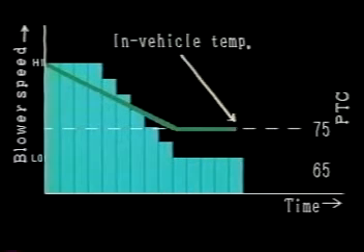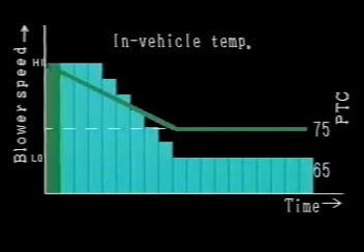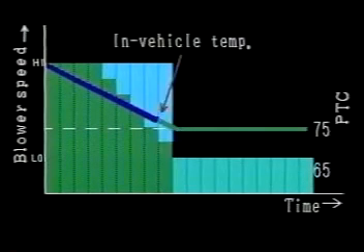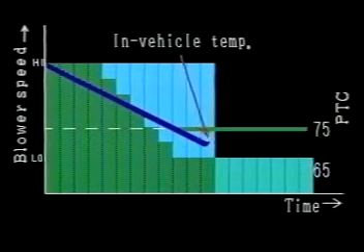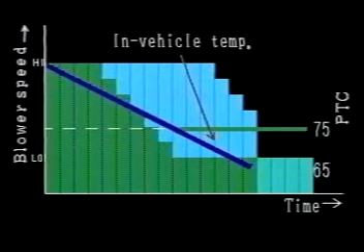As the in-vehicle temperature gradually decreases, the difference between the set temperature and in-vehicle temperature is greater than in the case of the setting at 75 degrees Fahrenheit. The air volume and the air mix door's opening will change more slowly, and cool air will be forced through for a longer interval than in the case of the setting at 75 degrees Fahrenheit.